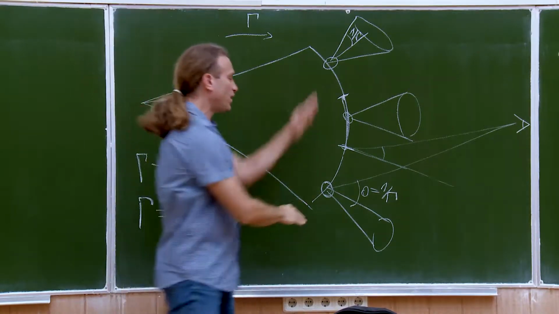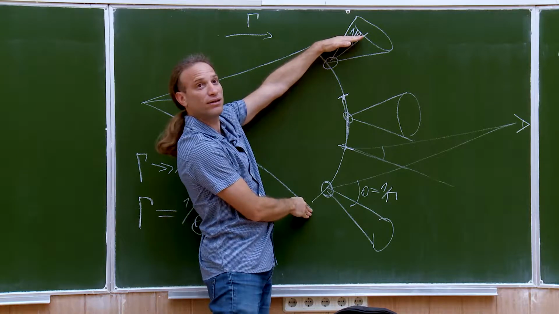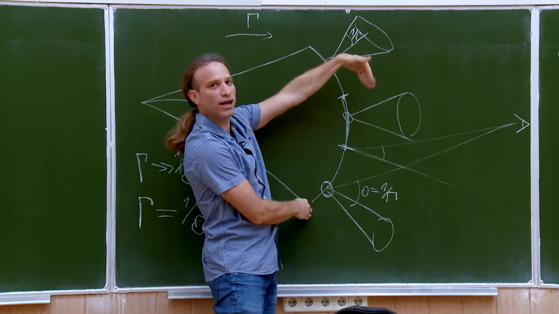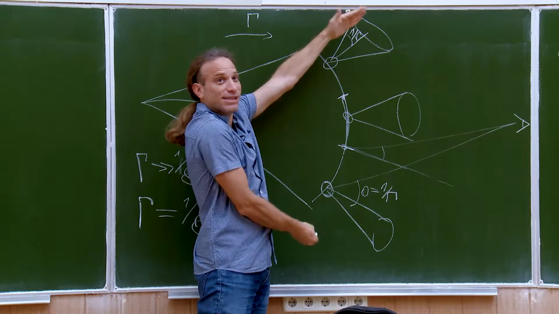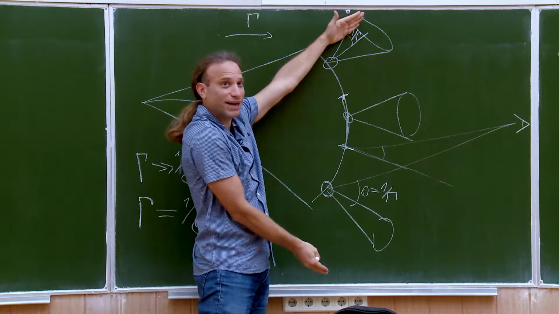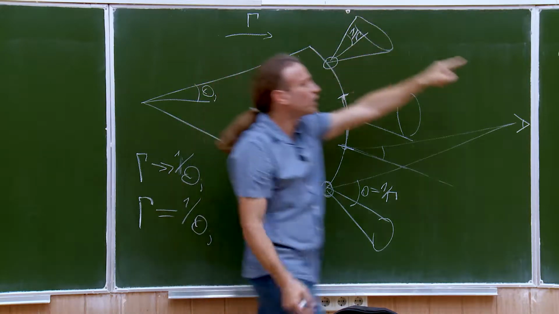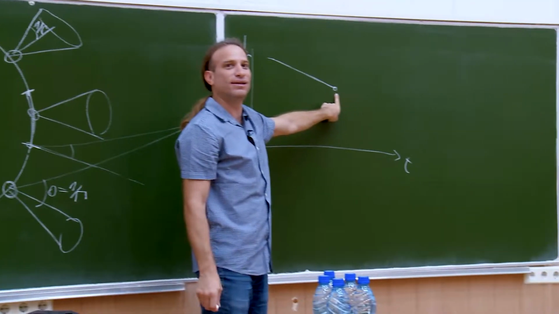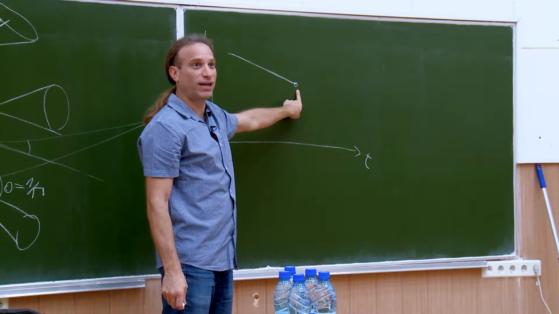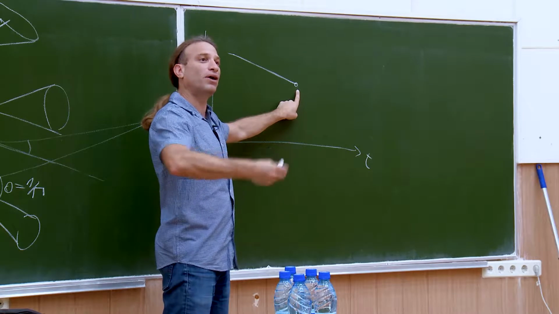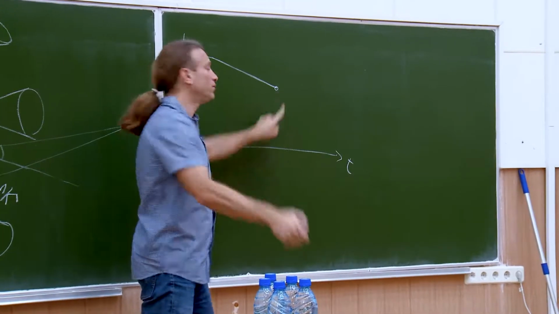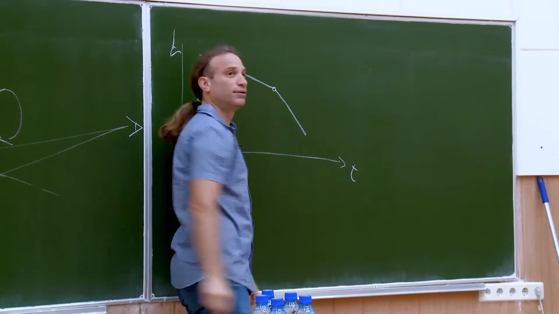But now when gamma is exactly 1 over theta, and the shock continues to slow down, I cannot see more parts of the jet because I already see the entire jet. So what will happen to the light curve now? It will break, because now I do not have the compensation from the part of the jet that I did not see before. So I will see a break.